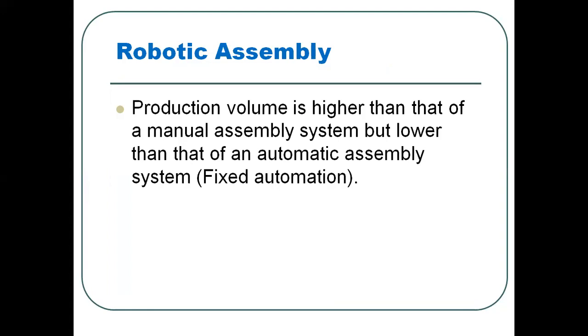Robotic assembly is in between, like flexible automation, mid volume, mid variety. The automated assembly systems are fixed automation and robotic assembly is a flexible kind of automation.